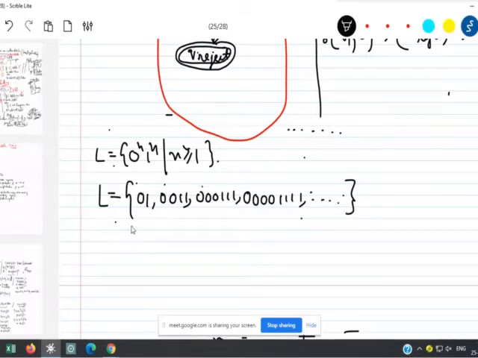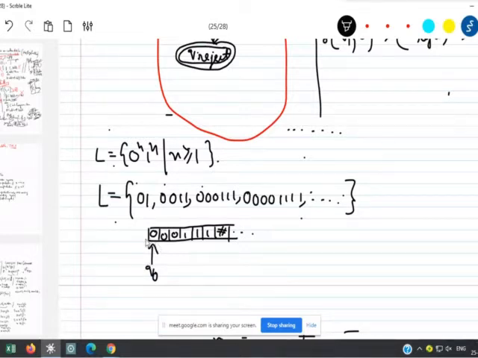Before we begin the designing part, let me take one string here: 0 0 0 1 1 1. Hash is going to represent the blank symbol. Initially, I'm going to start from here, at Q0.